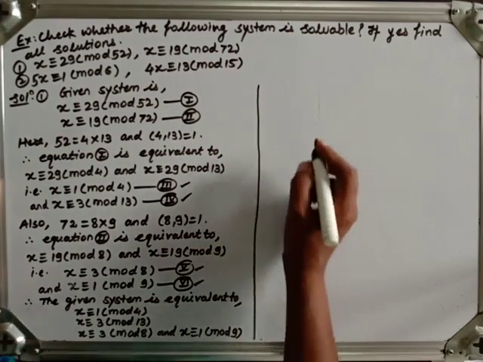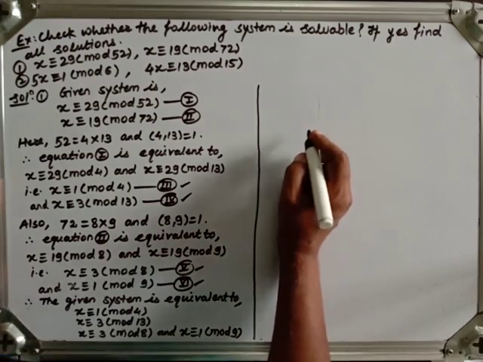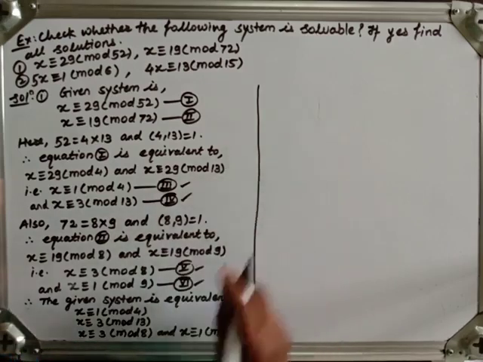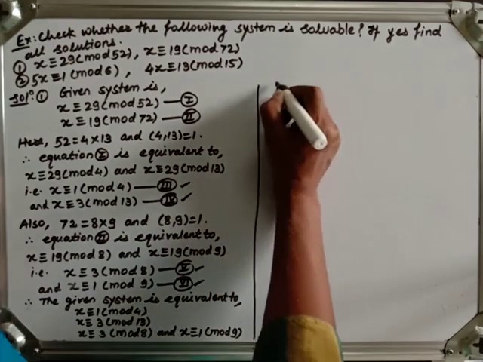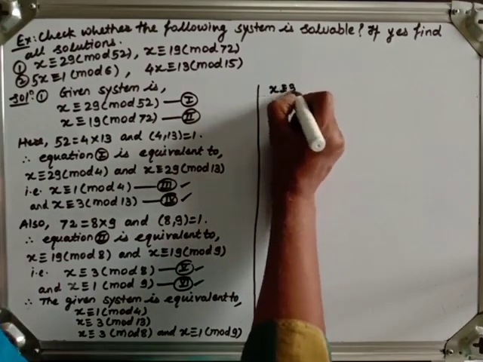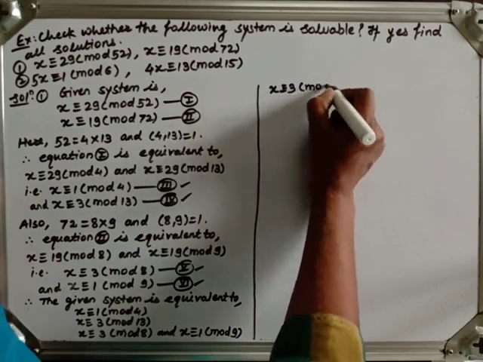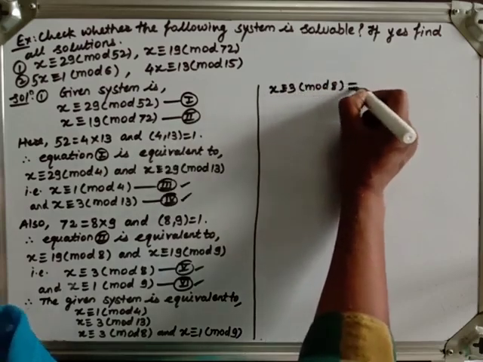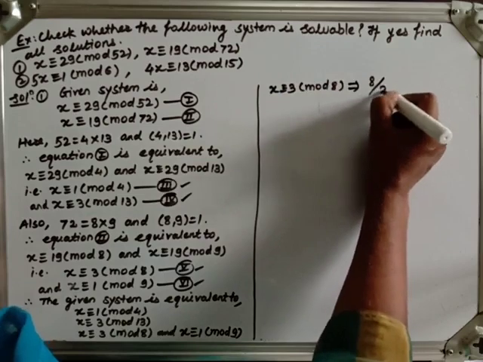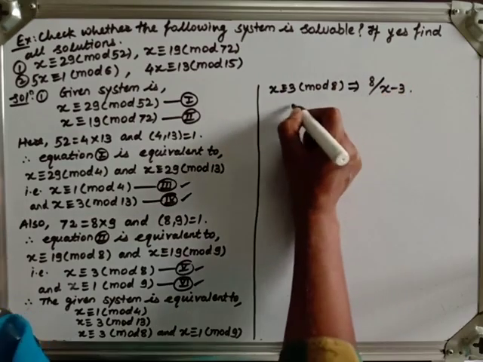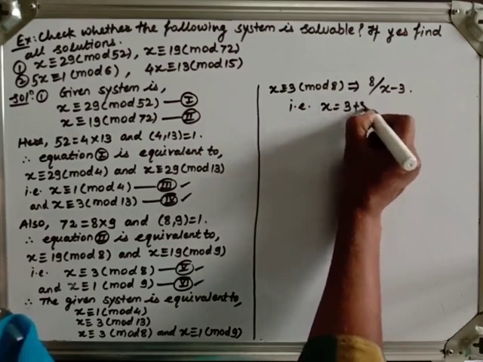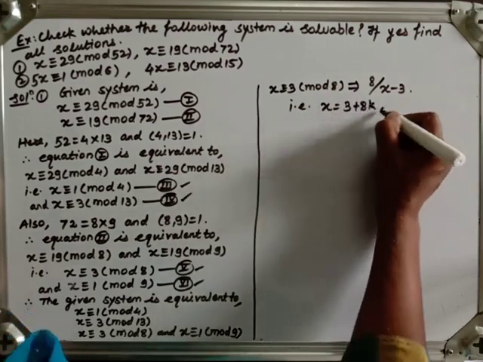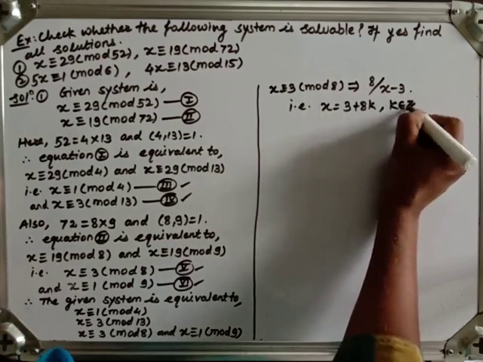Now here, x congruent to 3 modulo 8 gives us 8 divides x minus 3, that is x equal to 3 plus 8k for k in the set of integers.